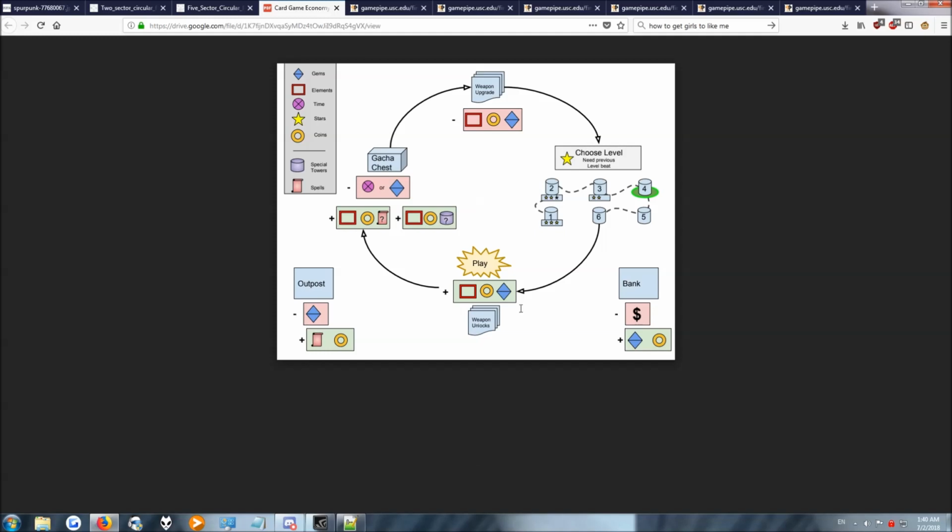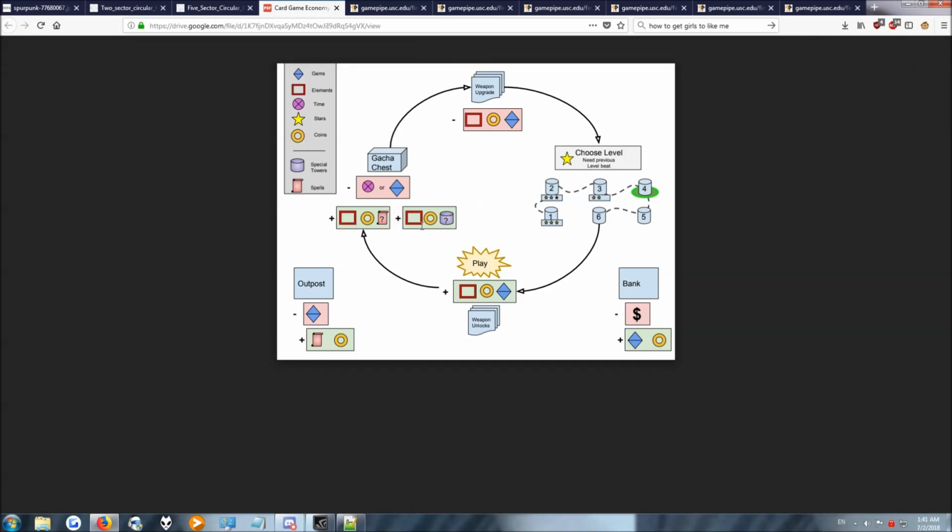That's what we based our Machinations model on. So just to go briefly through this, you start over here at the play facility where the user plays the game. They get elements and coins and gems, and then after they play the game, they go to this chest facility where they either spend money to open chests, or they wait a certain period of time before they can open a chest, and once they open a chest, they can get all sorts of little goodies.